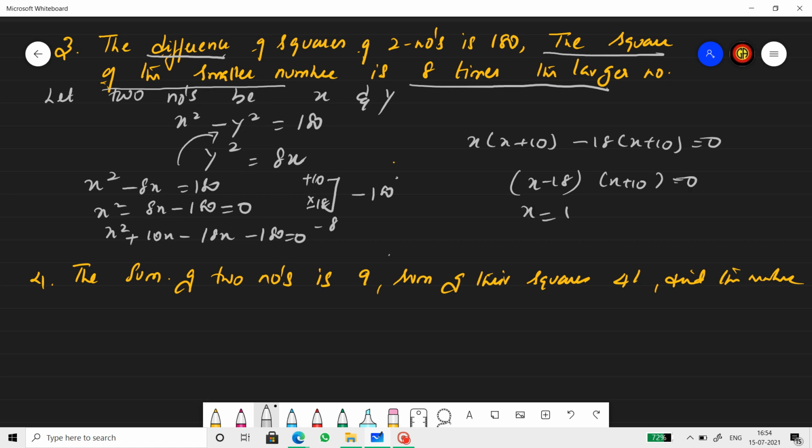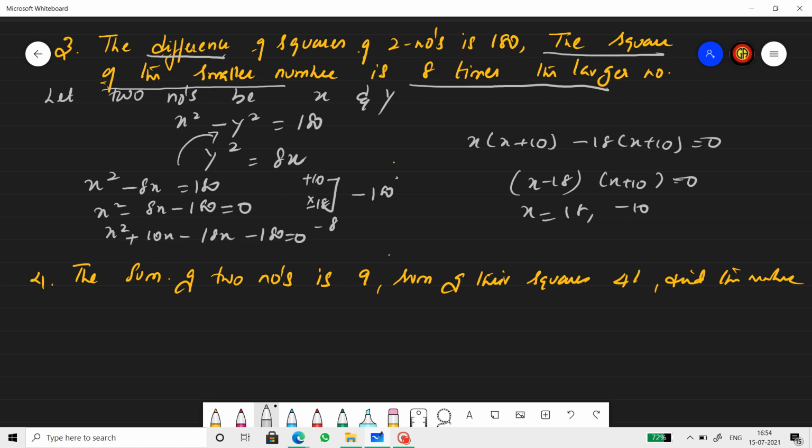X can be 18 or minus 10. Now, if x is 18, then y square equals 8x, and with that you can find the y value.